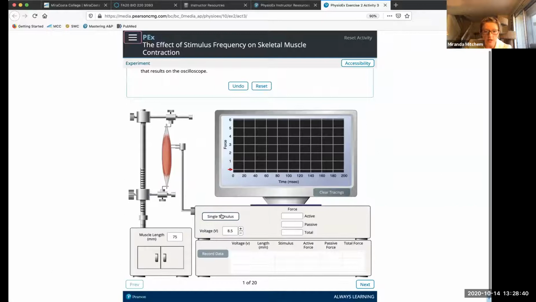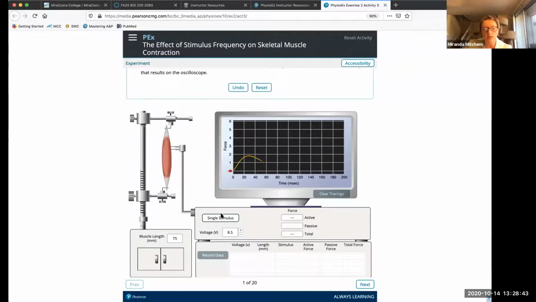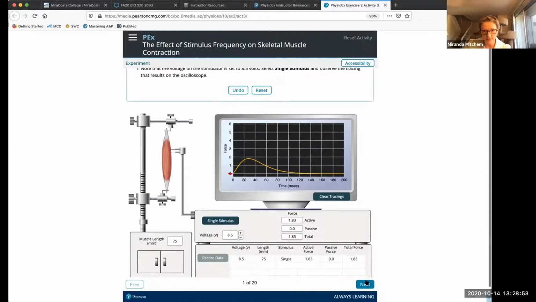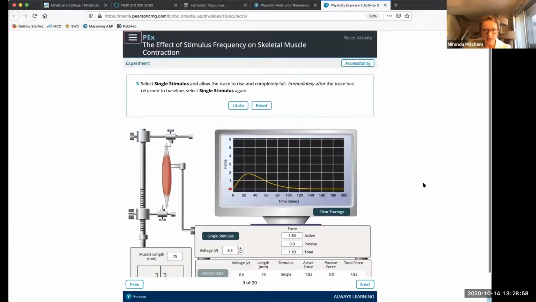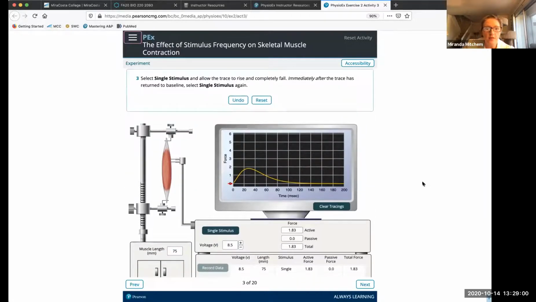So we're going to hit single stimulus, and we're going to get a response, right? We've already seen that this is enough to lead to a contraction. Record data. Let's see, and now where does it tell us to go? Select single stimulus and allow the trace to rise and fall immediately after the, oh goodness.